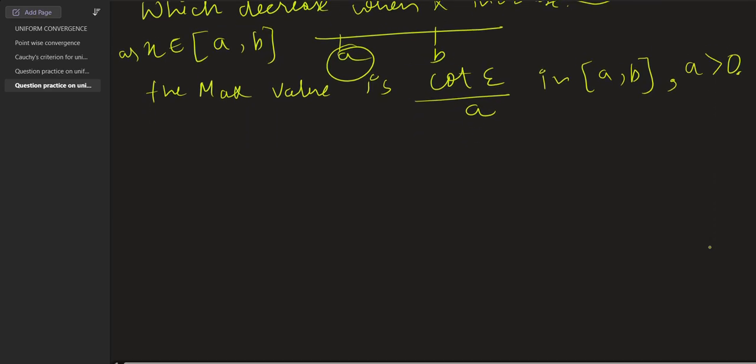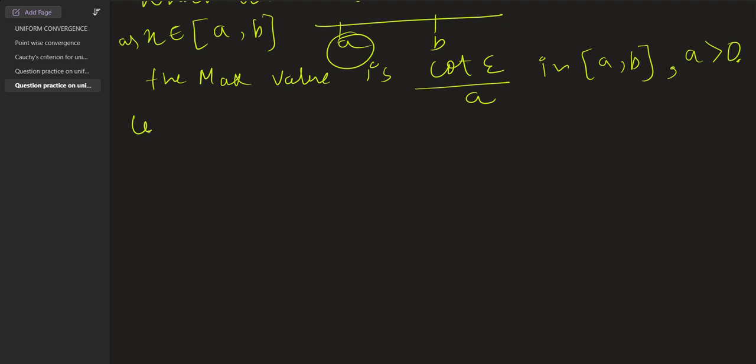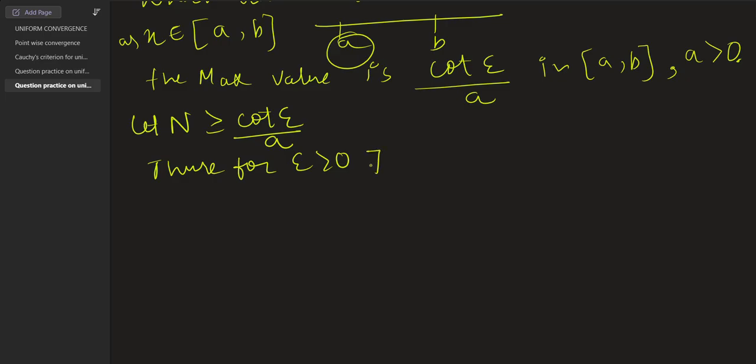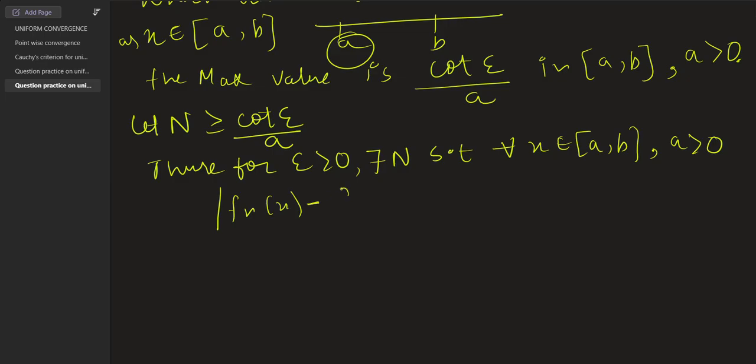So we now choose n greater than that maximum value cot(epsilon)/a. Thus for epsilon greater than 0, there exists N such that for all x belonging to (a, b), a greater than 0, this condition holds, less than epsilon for all n greater than N. Fine.